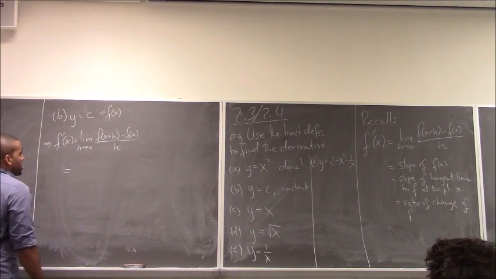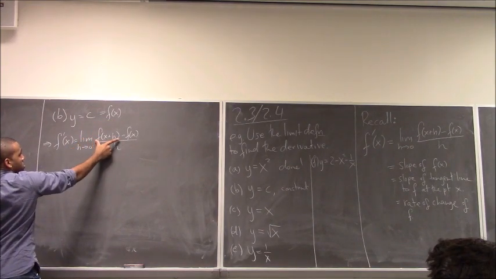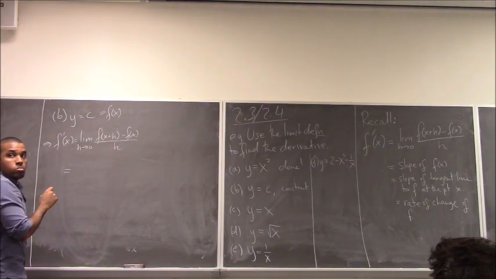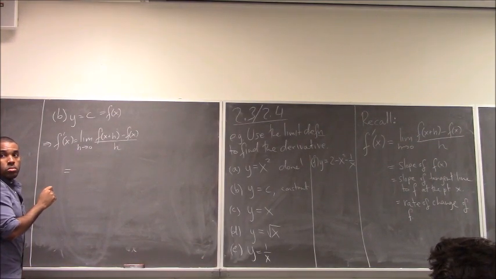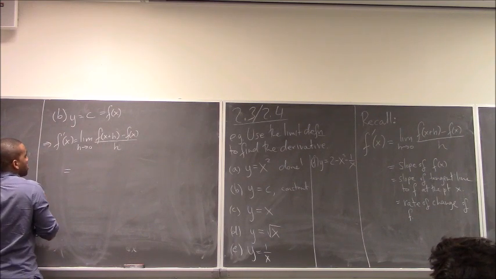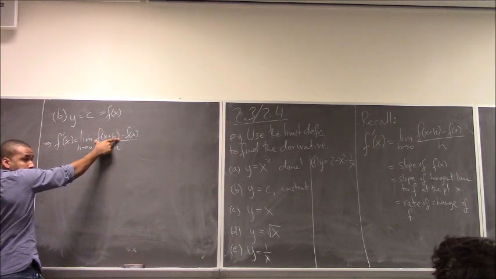So in this case, let's actually plug these in. If your f of x is a constant, what is f of x plus h? Yeah? It will be 0. No. If f of x is c, what is f of x plus h? c plus h?